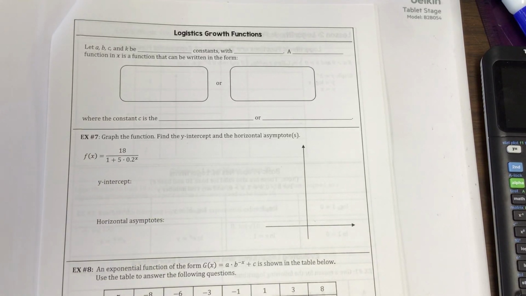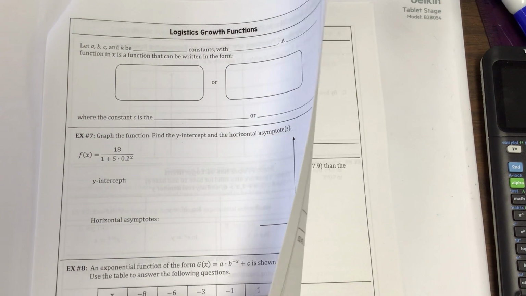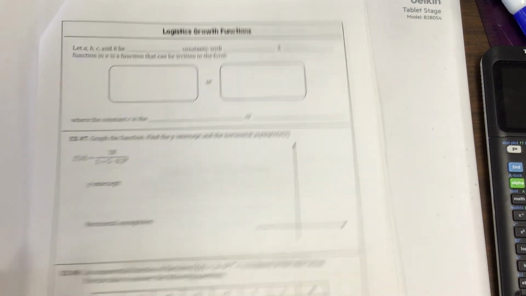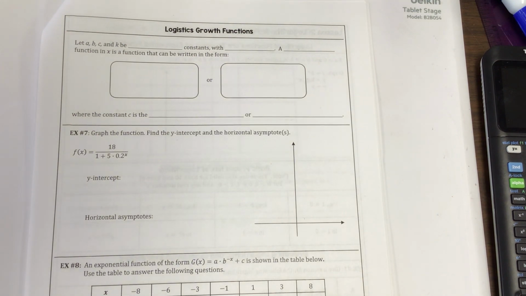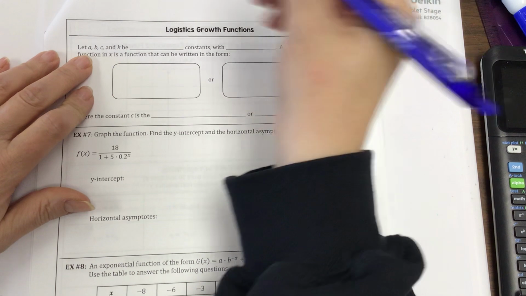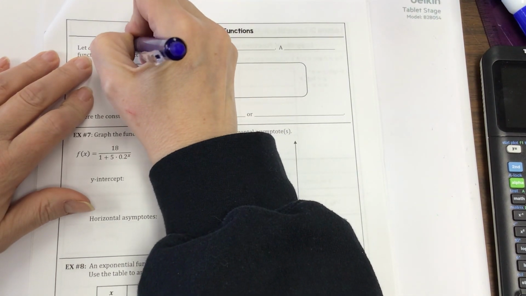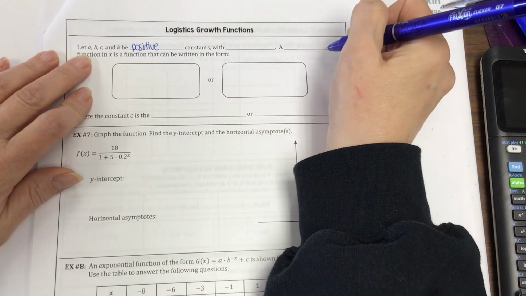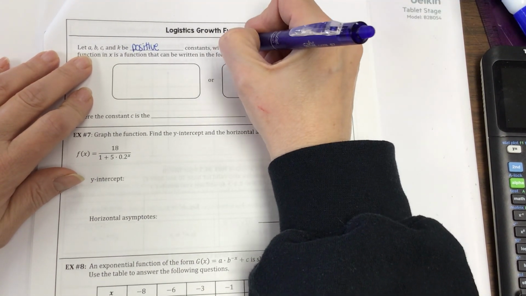We were at the logistics growth functions, and that was it to finish up. So your logistics growth function says let A, B, C, and K be positive constants with B less than 1.